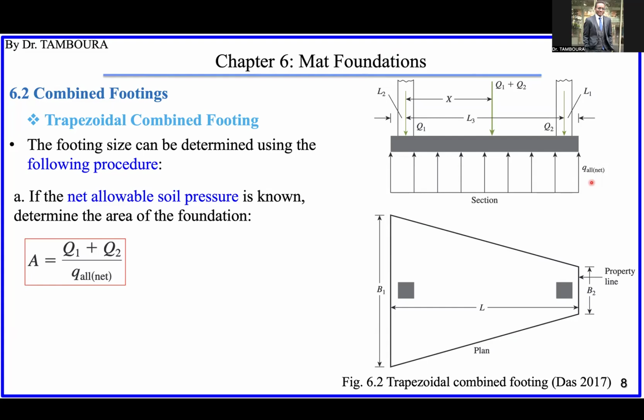So you know this, you will get the area, that means the area that you need to support this load. And now the section we will choose to obtain this area will depend on the values of B1 and B2.